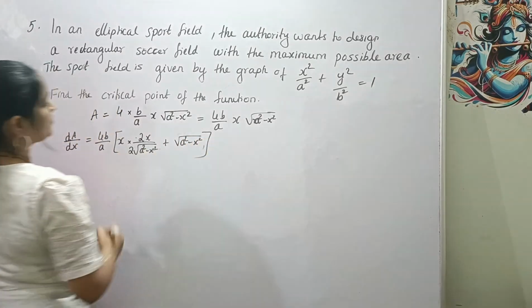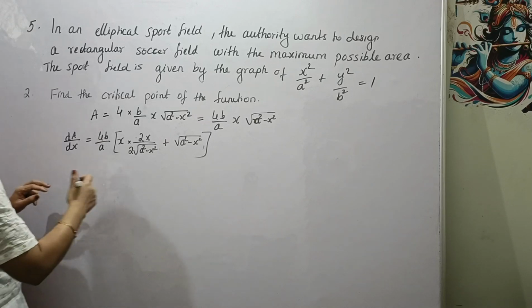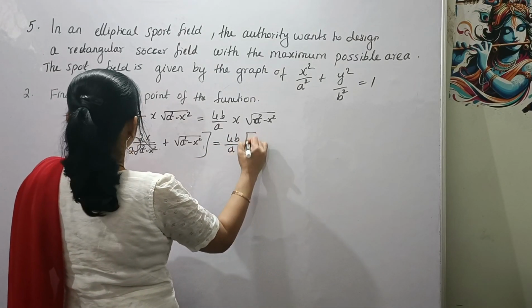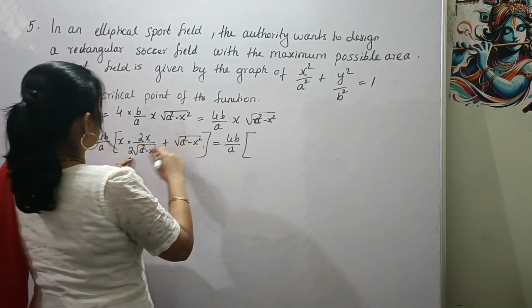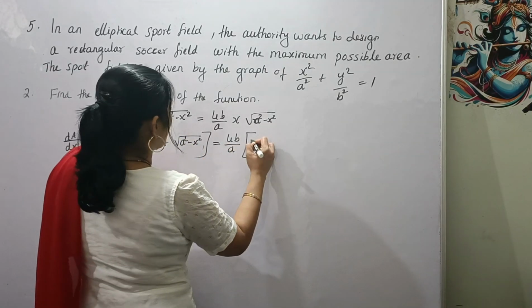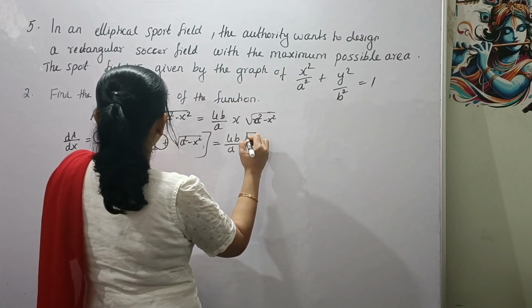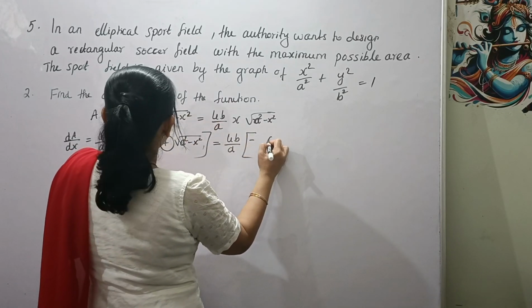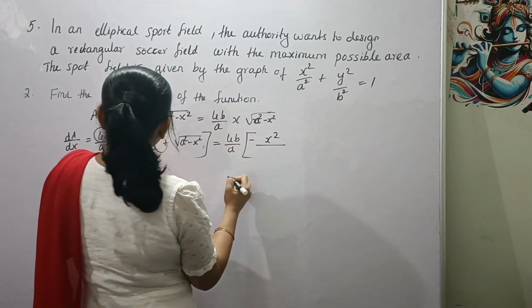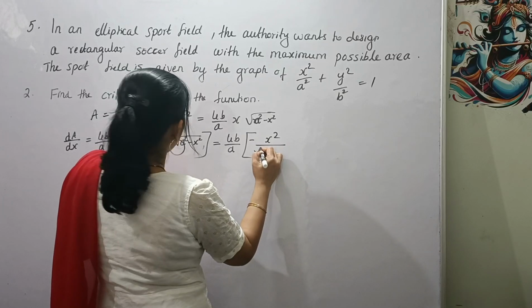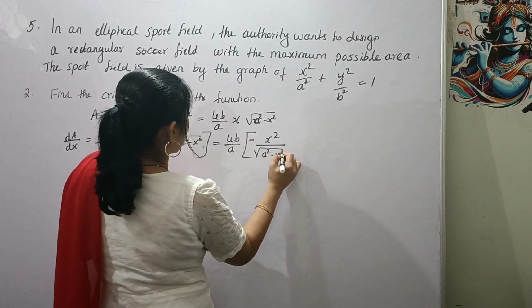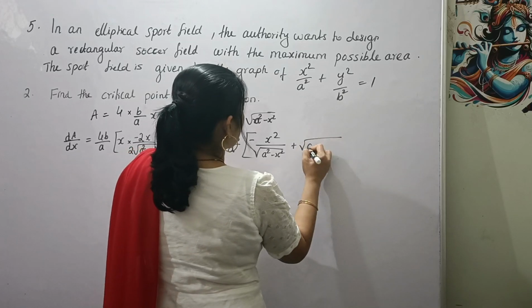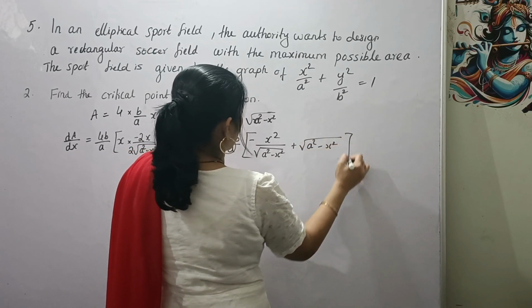Okay. Next, let's simplify this one. It is equal to 4b/a. It is 2 cancelled, right? So minus, it is minus 2x, right? So minus x²/√(a² − x²) plus √(a² − x²).